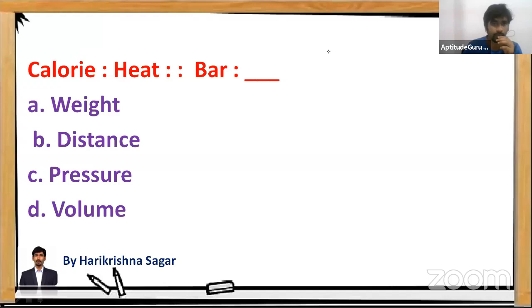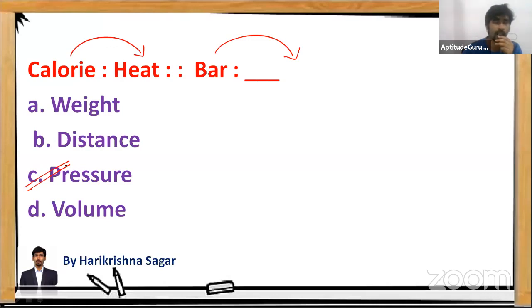Nice responses from the students. We can say calorie is a unit of heat. Bar is a unit of what? Bar is a unit of pressure. We can say our answer choice is option C.